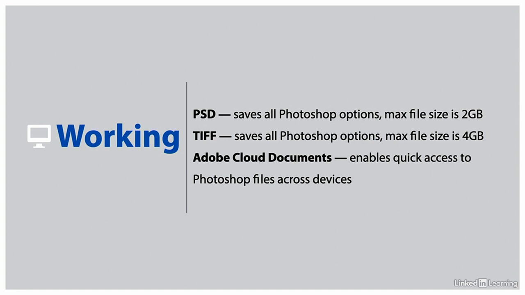They can save paths and smart objects and more. They both use lossless compression to decrease the file size, but the quality of the image is not compromised. And the biggest difference today is that a TIFF file can save a larger file, up to 4 gigs, whereas a PSD file can only save up to 2 gigs.